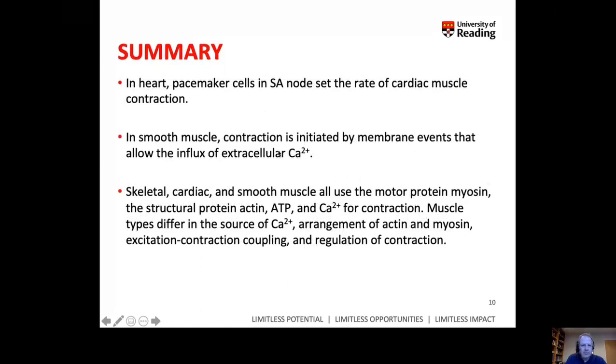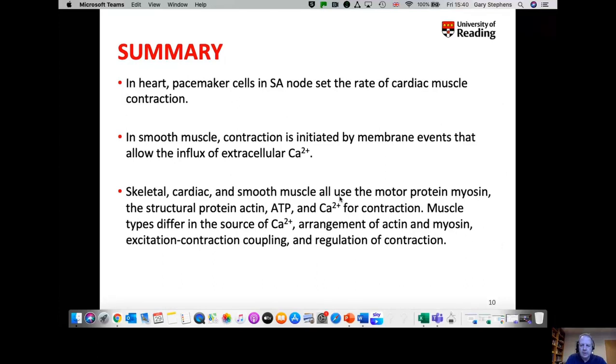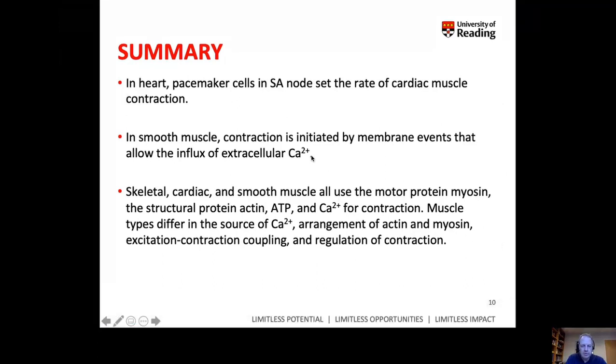So let's summarize here. This is summarizing the cardiac and smooth muscle podcasts, Screencast 4 and Screencast 5. In the heart, pacemaker cells in the sinoatrial node set the rate of cardiac muscle contraction, the pacemaker. In smooth muscle, contraction is initiated by events that allow influx of calcium. Again, calcium influx is very important for all muscle contraction.